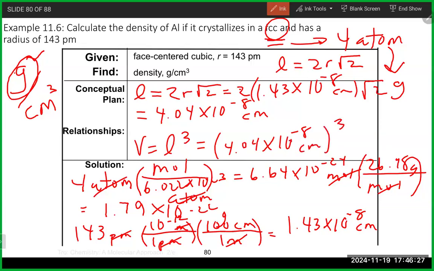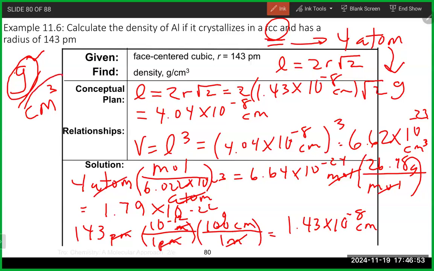And if we do that, we will end up with 6.62 times 10 to the minus 23, and these are cubic centimeters.